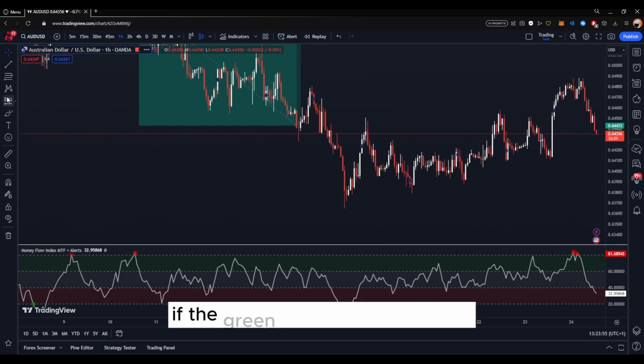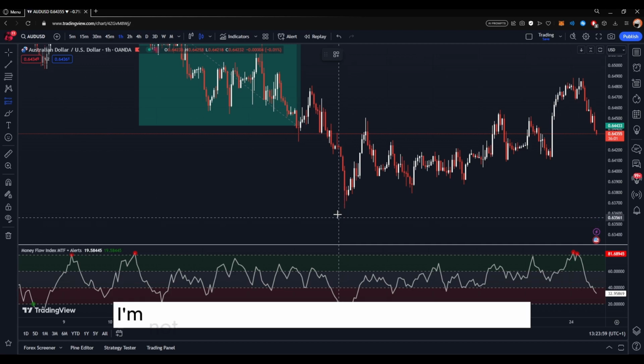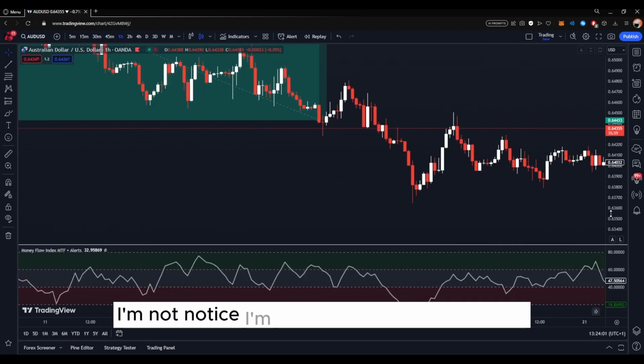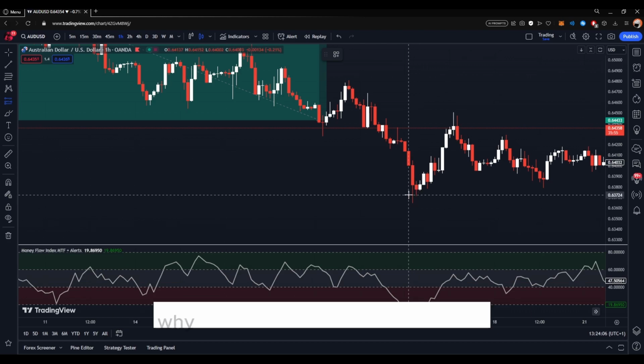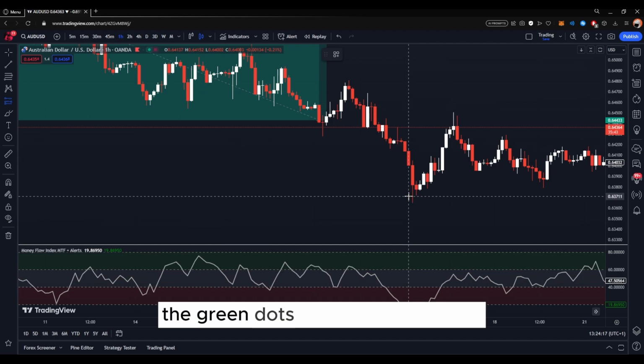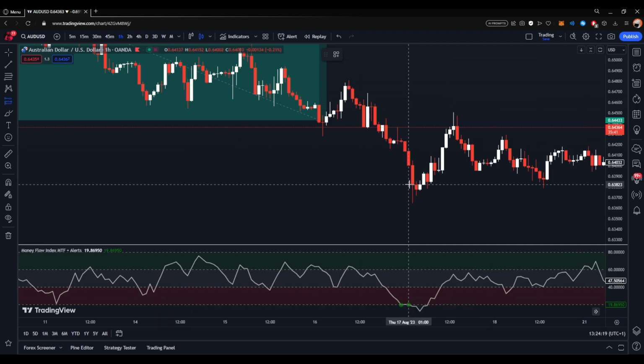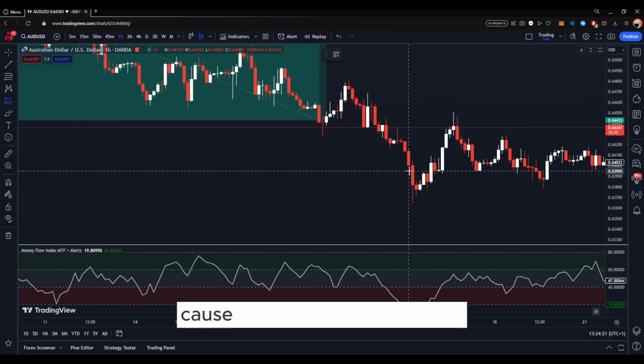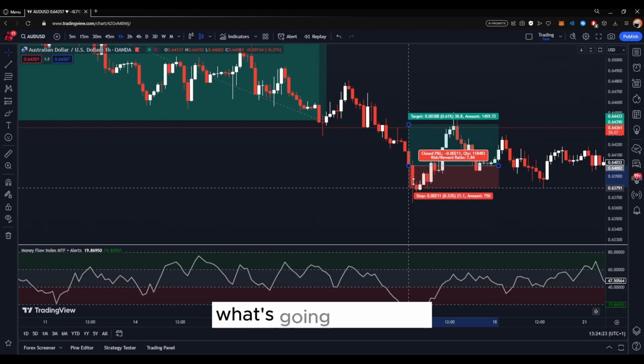If the green comes along, you just long. I'm not trading right on the dot. Why? Because I need some confirmation. I'm not using the replay for a reason, and that is to show you: okay, the green dot comes in this candle, but you need some confirmation, because if you open in this candle, what's going to happen?